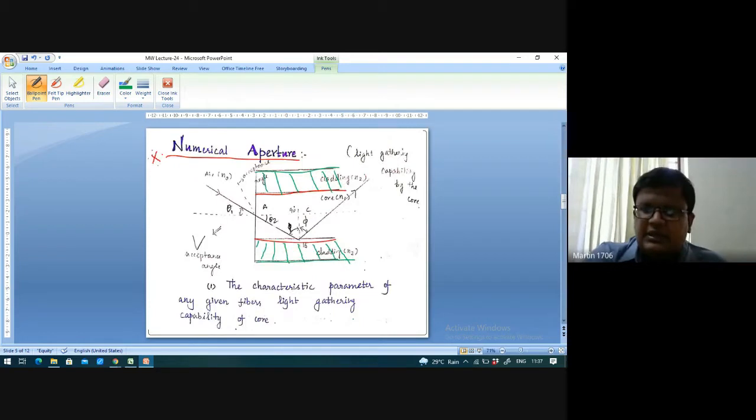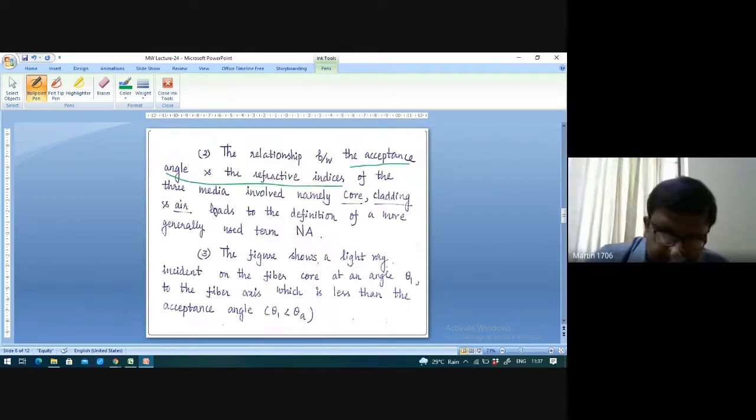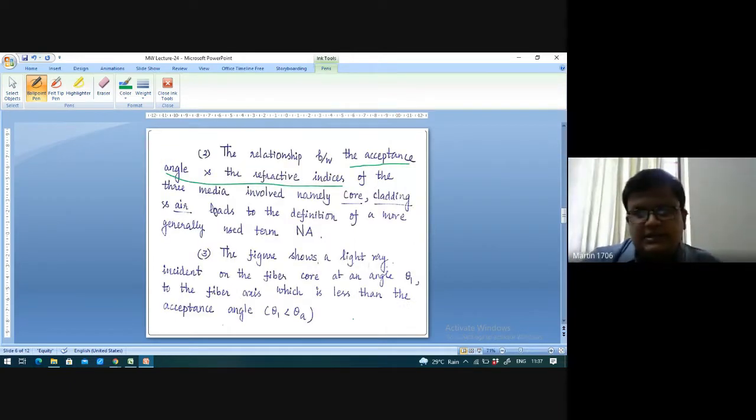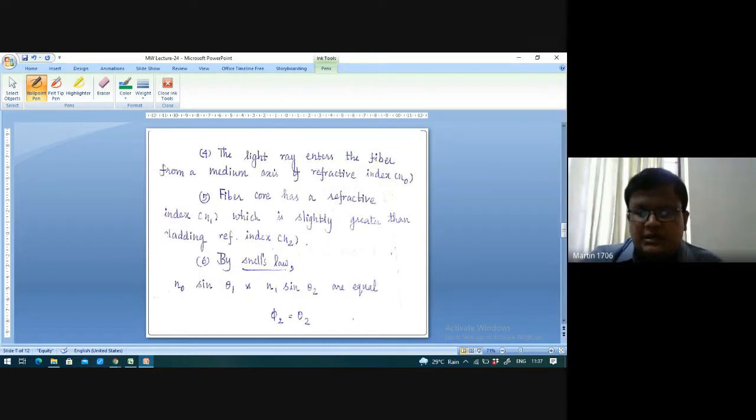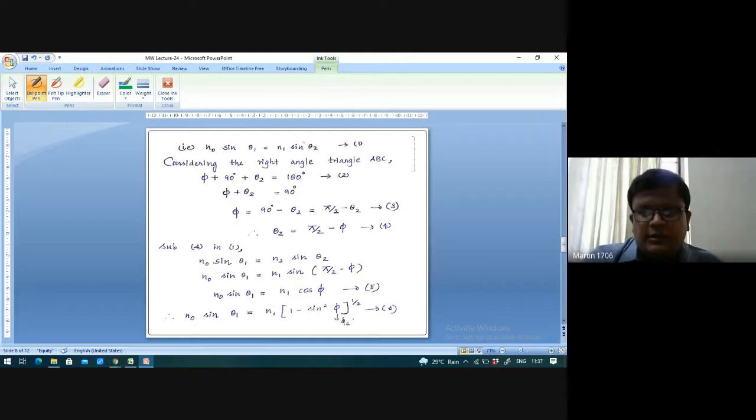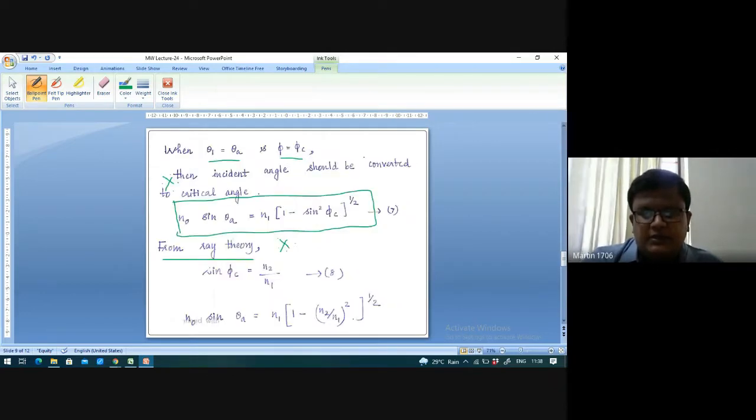After that, we applied this condition to the numerical aperture, for how the light is gathered in your core medium. For that we gave the conditions, and how the acceptance angle and the refractive index are related. We provided two conditions using Snell's law, theta 2 equal to phi 2, and also phi equal to phi c.